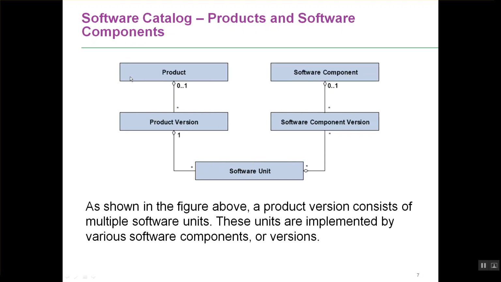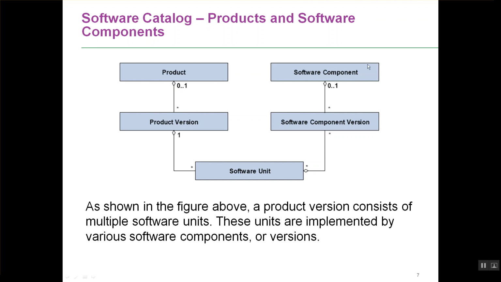Using the example that we looked at, a software product is nothing but SAP R3 or SAP ECC. A product version is R3 4.6c, 4.7b. So each product can have multiple product versions, right? That is why the relationship between a product and a product version is 1:n.